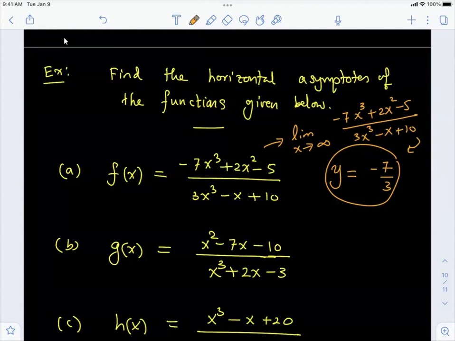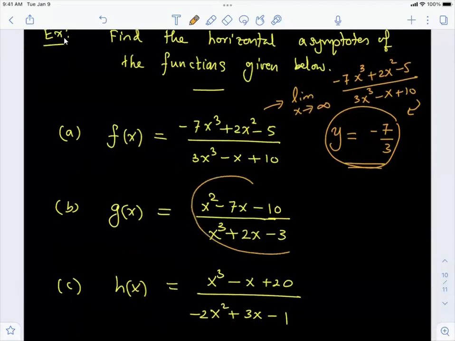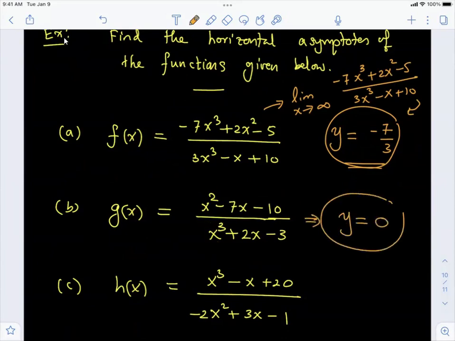When you do that, you will get a perfect cancellation of all other terms except for these two leading coefficients at the end. Then you have less power in the denominator compared to the numerator. Therefore, you know the recipe. It's going to result in y equals 0 after the computation.